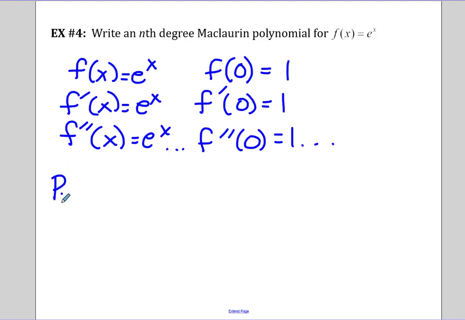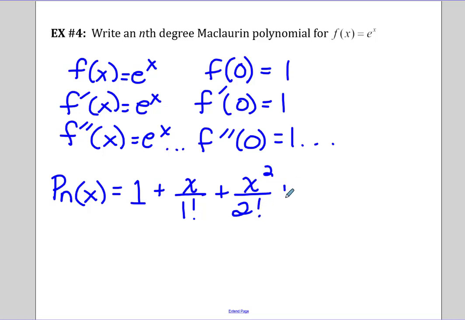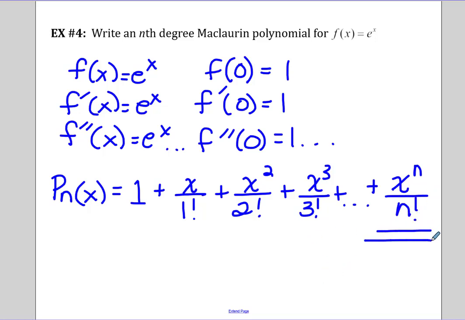So our nth degree Maclaurin polynomial is going to be 1 for our constant, and then x over 1 factorial, and x squared over 2 factorial, and x cubed over 3 factorial, so that our nth degree term will be x to the n over n factorial.